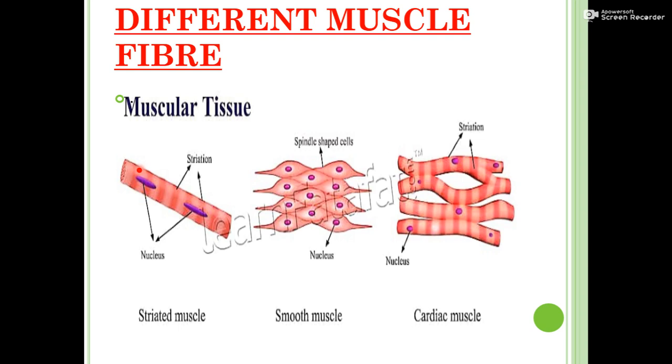When we look at the structure, you can see here that in this muscle there is a light area and a dark area, then again light area, dark area, light area, dark area.